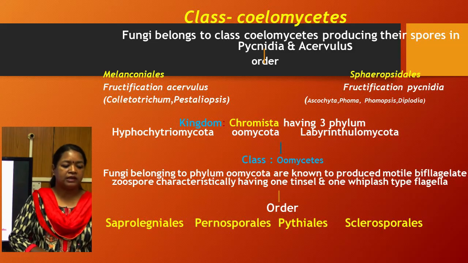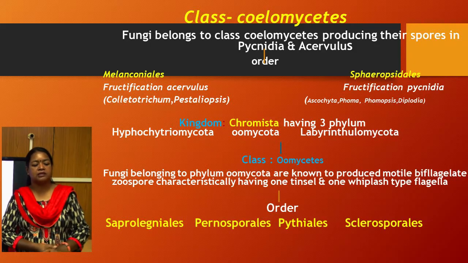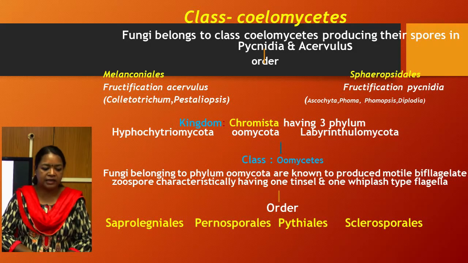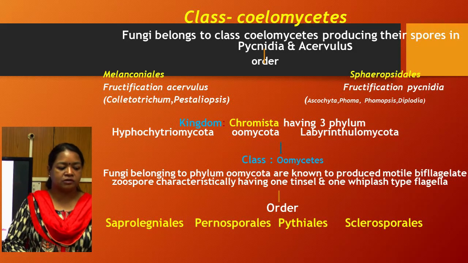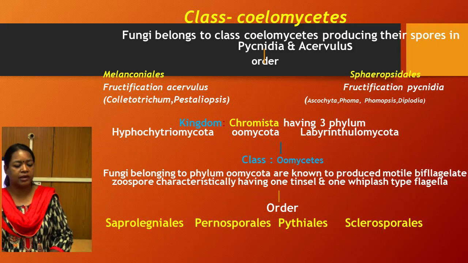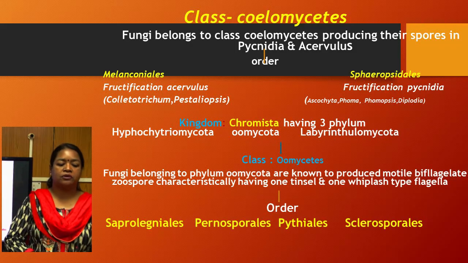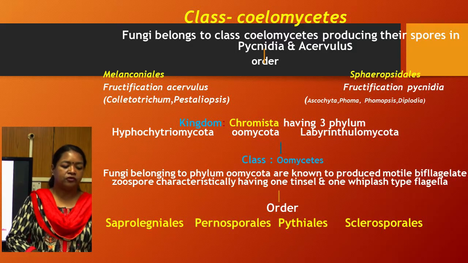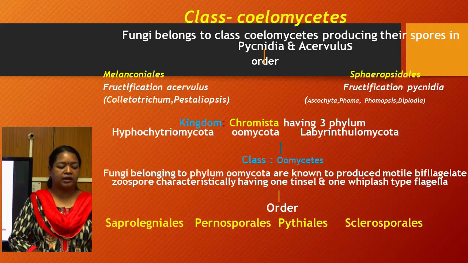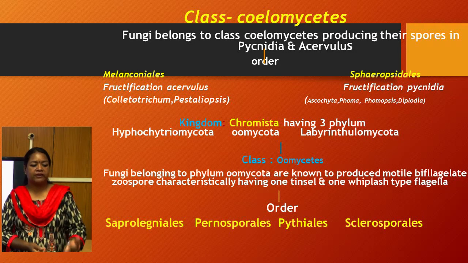And in the order Sphaeropsidales, the fructification occurs in the asexual fruiting body pycnidia. An important genus of this order is Ascochyta, which causes Ascochyta blight of chickpea, Phomopsis, which causes fruit rot of brinjal, Phoma, and Diplodia. This is all about the kingdom Fungi.